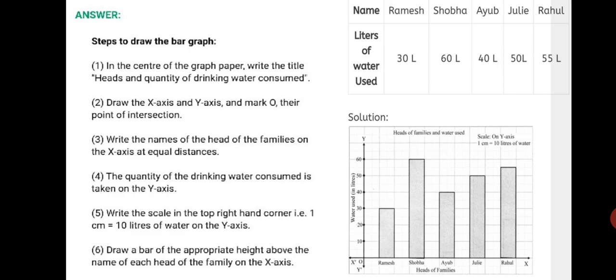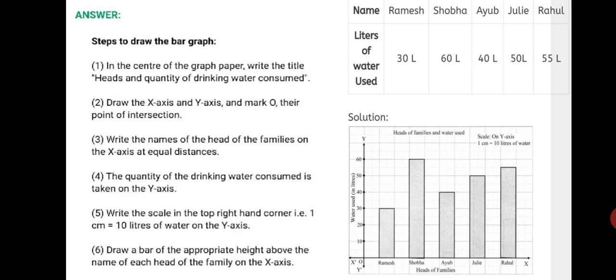Once you have written these markings, 10, 20, 30, you have to write in brackets, slant, what it is. It is water used, and in brackets you write liters of water used as shown in the question. Any statement you can write, but it should show correctly what the numbers stand for. So these numbers are standing for liters of water used.